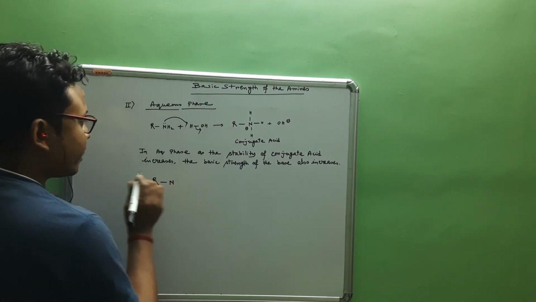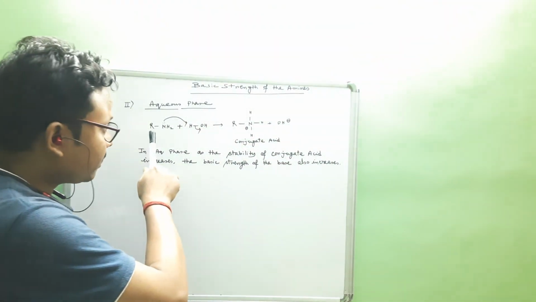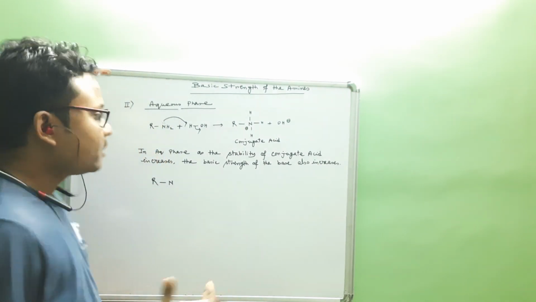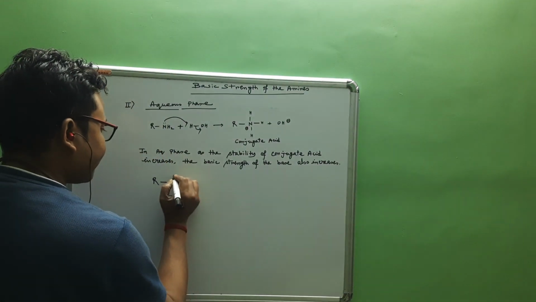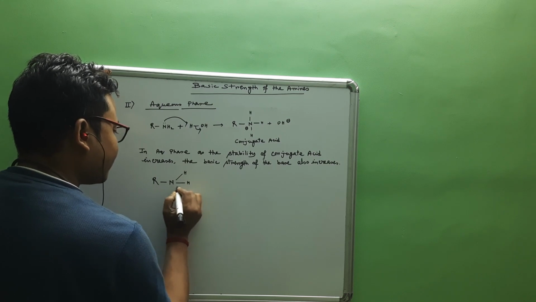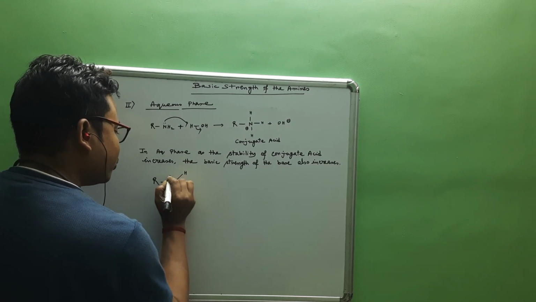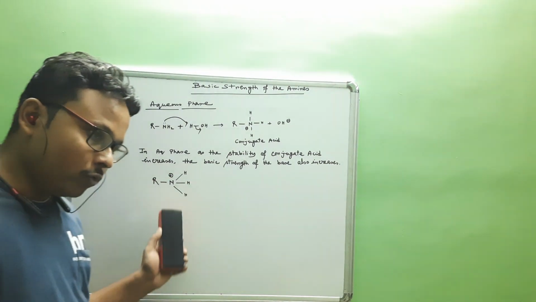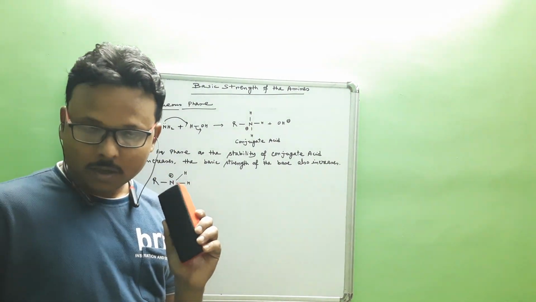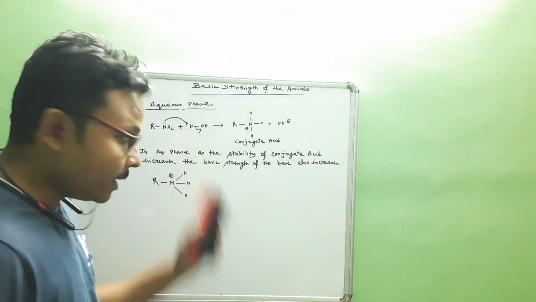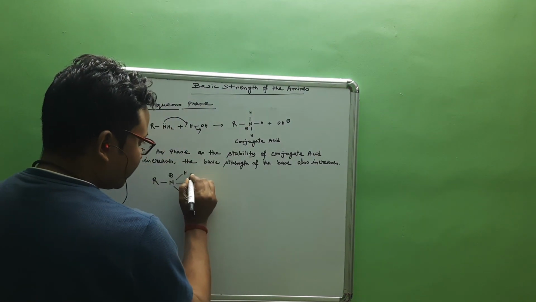So we are taking the consideration of the primary amines. This is the conjugate acid, the ammonium ion, the conjugate acid of primary amine.